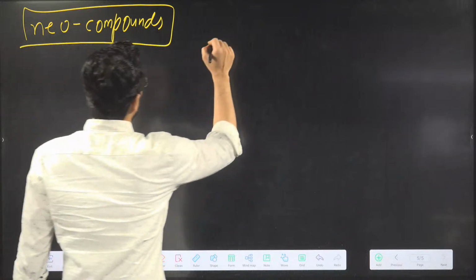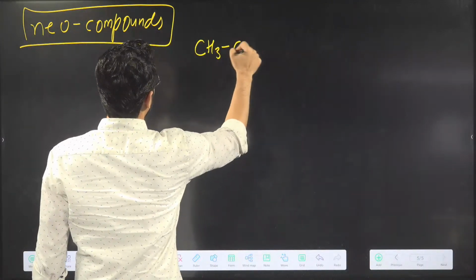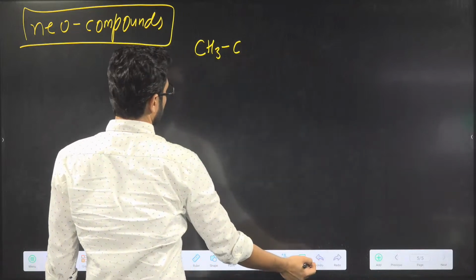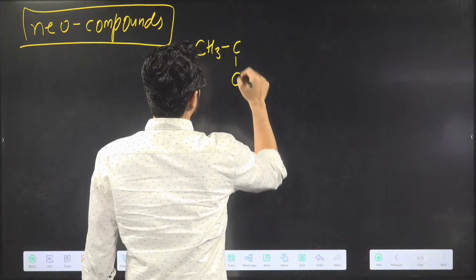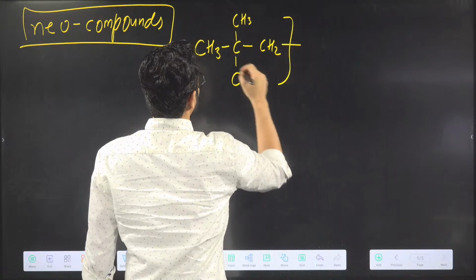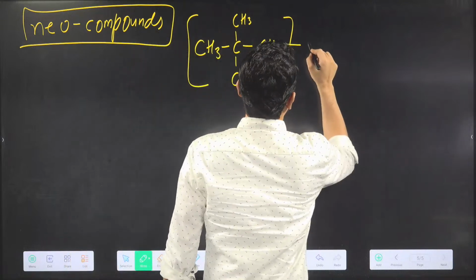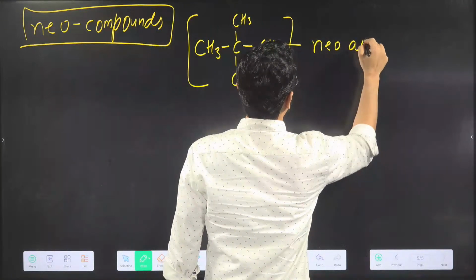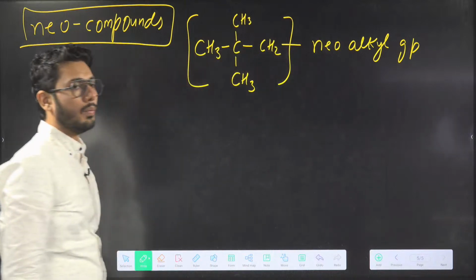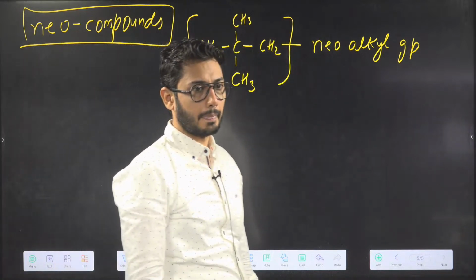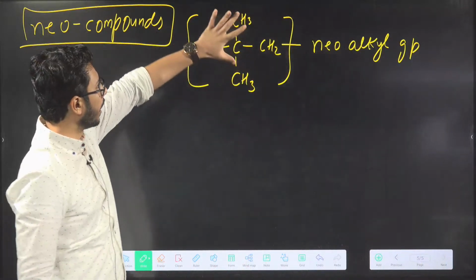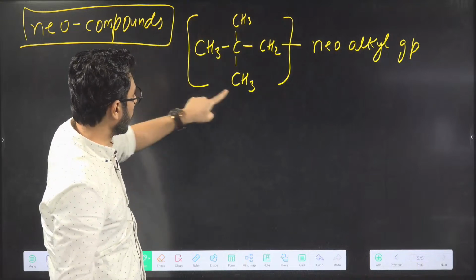In neo compounds, this is the arrangement for the neo-alkyl group, in which there is only one quaternary carbon, surrounded by primary carbon atoms.